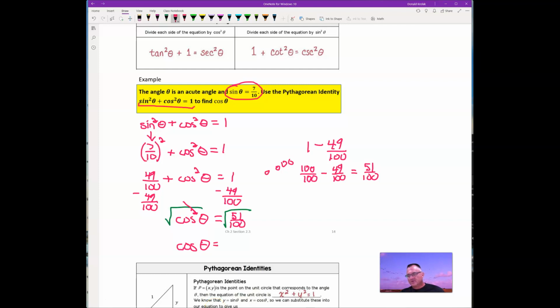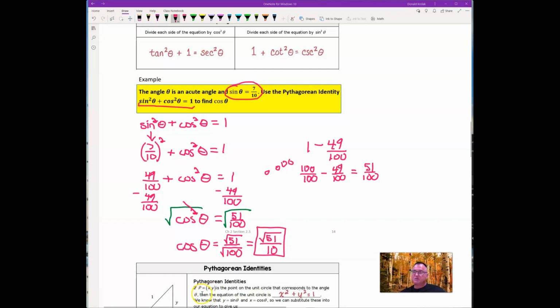To do the square root of a fraction, do the square root of the top and the square root of the denominator. Well, root 51 can't be simplified. It's not a perfect square, so I'm going to leave it as root 51. And the square root of 100 is 10. So there is my cosine: root 51 over 10.